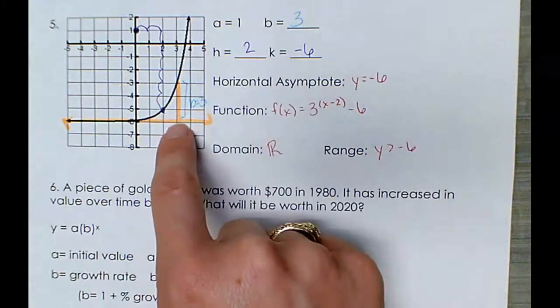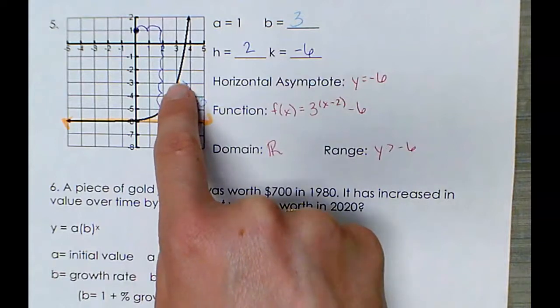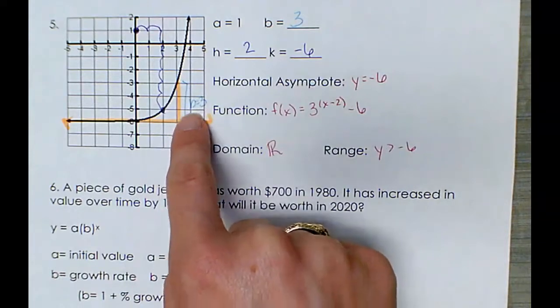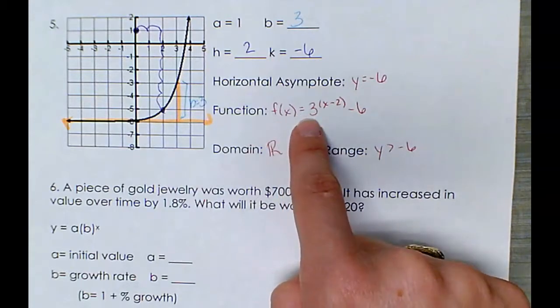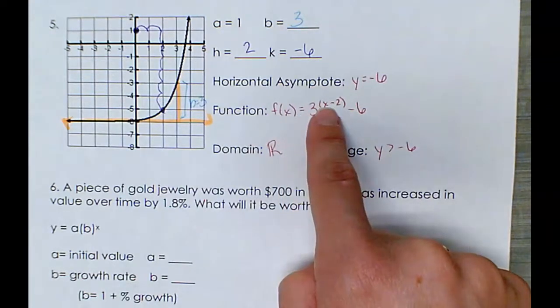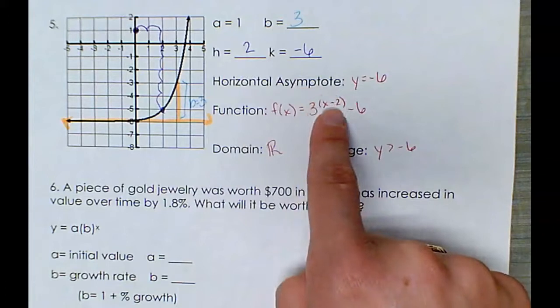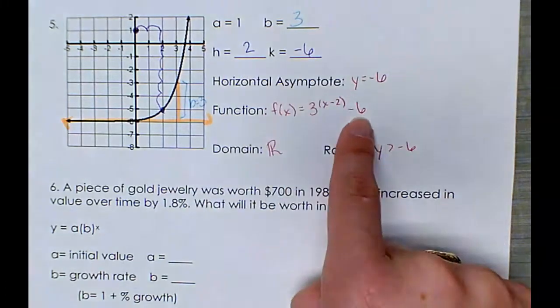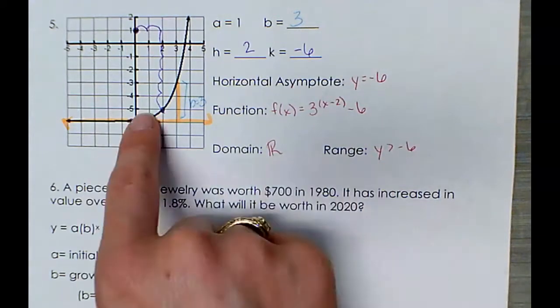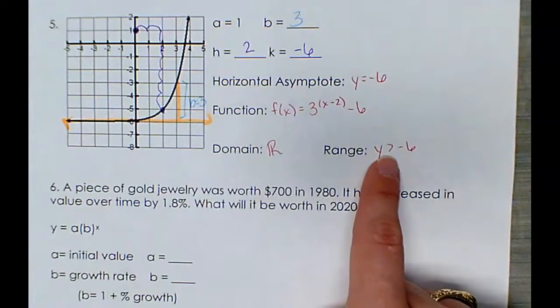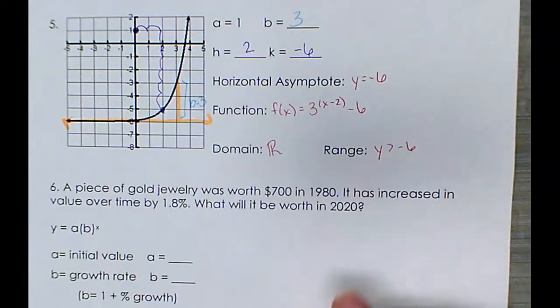If I go 1 over, that distance from the asymptote to the exponential function is 3, so b is 3. The function is f of x equals a base 3 to the power of x with the opposite of h, so minus 2, and then plus k, so plus negative 6. The domain is all real numbers for all exponential functions, and the range is everything above the horizontal asymptote, so y's are greater than negative 6.